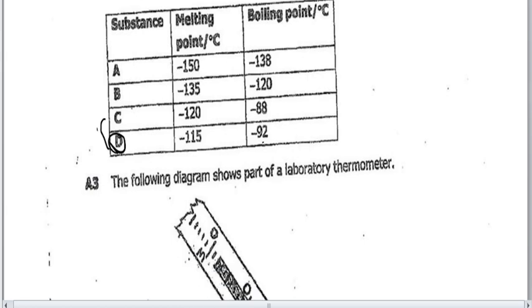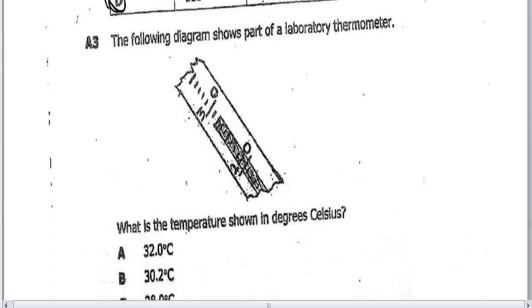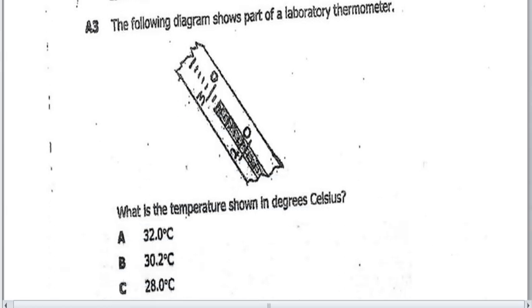We proceed to A3. The following diagram shows part of a laboratory thermometer. What is the temperature shown in degrees Celsius? So now look at, this is 20, there's a 2 and a 0 here. Then this is 30. So we're just looking at that. So that is the measurement we're looking for.